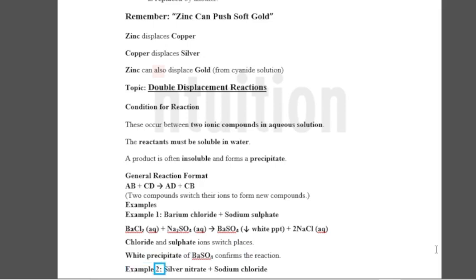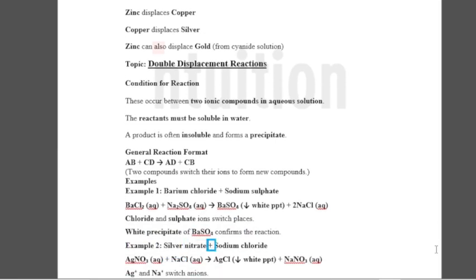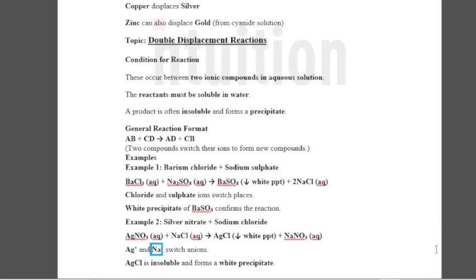Example 2: silver nitrate plus sodium chloride. AgNO3(aq) + NaCl(aq) → AgCl (white precipitate) + NaNO3(aq). Ag and Na switch anions.